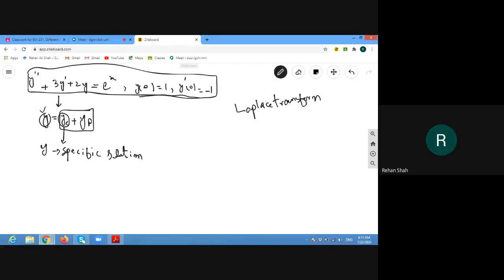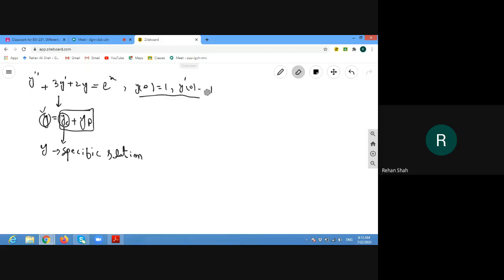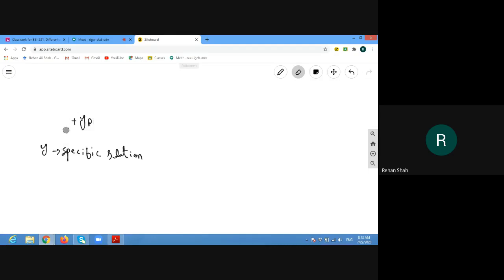So let's first define the Laplace transform. What is Laplace transform? Why Laplace transform? So before why Laplace transform, let's define a Laplace transform.